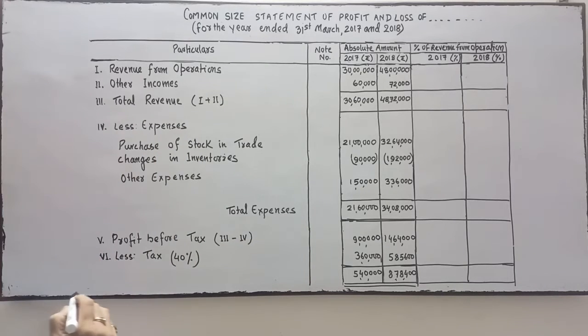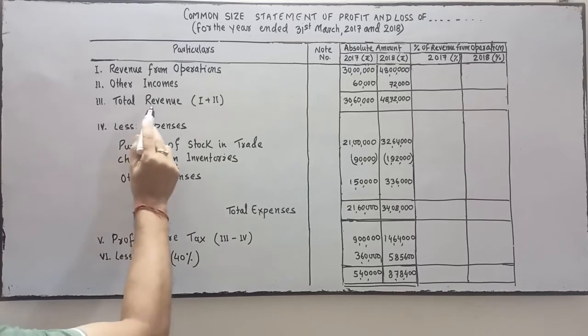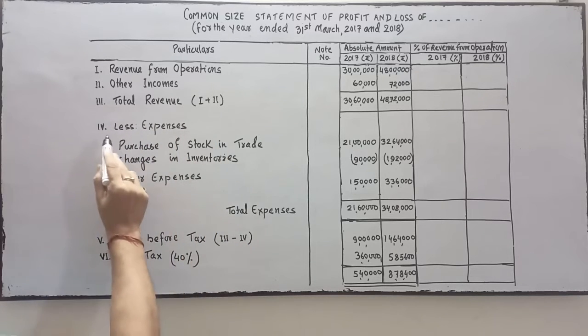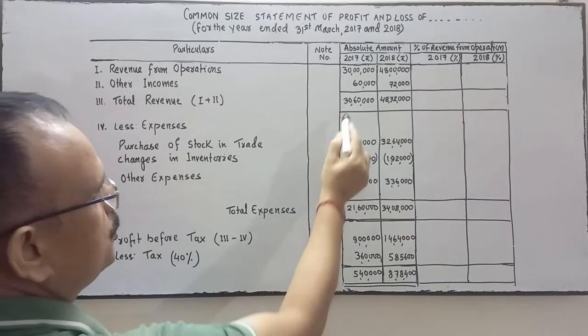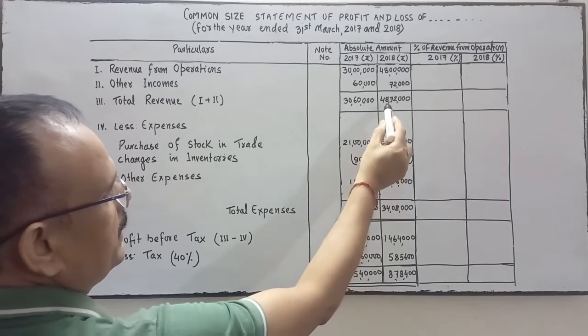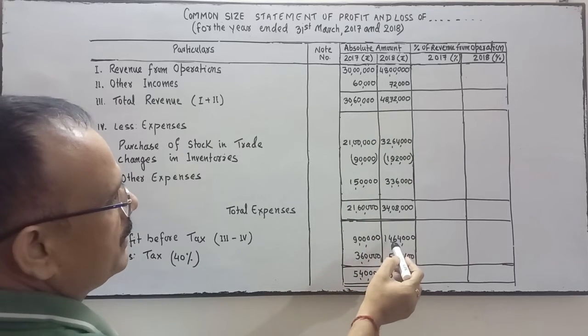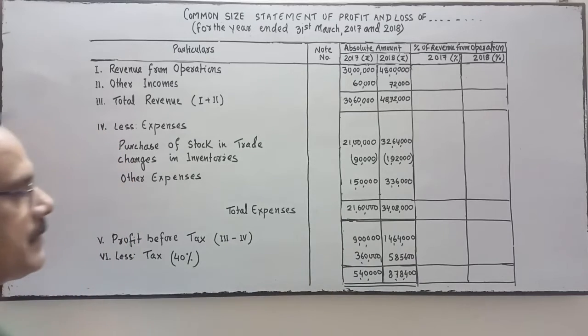Now fourth number, profit before tax, means total revenue minus total expense. So it is 9 lakh 60,000 and 48 lakh 72,000 minus 34 lakh 8,000. So it is 14 lakh 64,000 is the profit before tax.